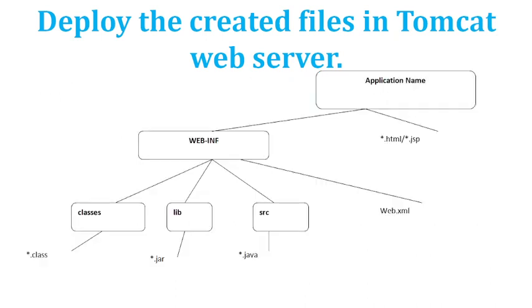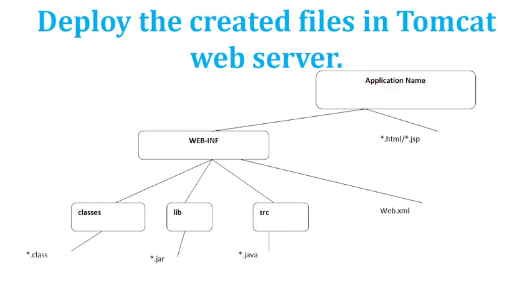Finally, you are going to run the application. You can see here how the created files are deployed in the Tomcat server. We have to give a name to the application, and in our WEB-INF I told you three folders will be there.